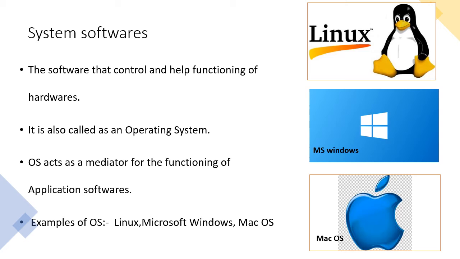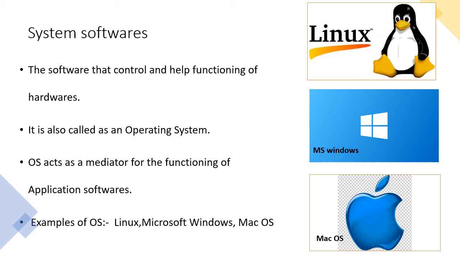These set of programs help, control, or direct the hardware for their proper functioning. These set of programs is known as system software. System software is also called an operating system.